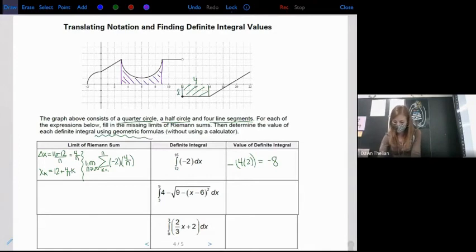First, let's do our Riemann sum. My delta x is b minus a divided by n. So that's 6 over n. And my x sub k is a, which is my 3, plus delta x k.